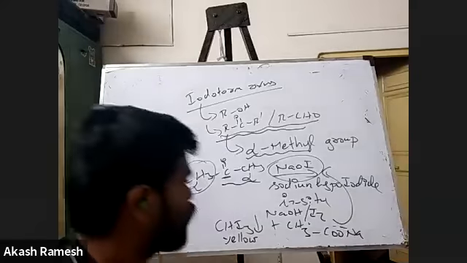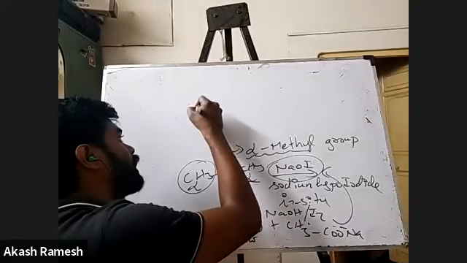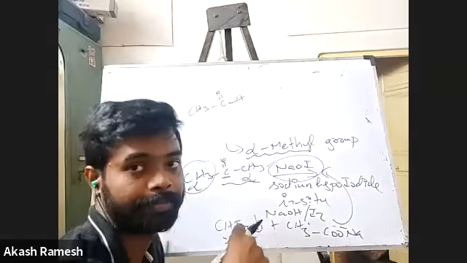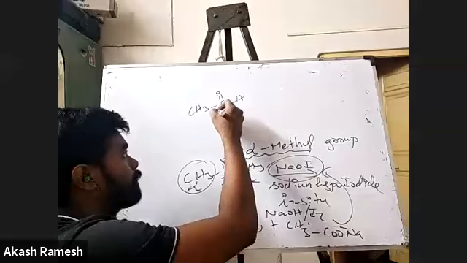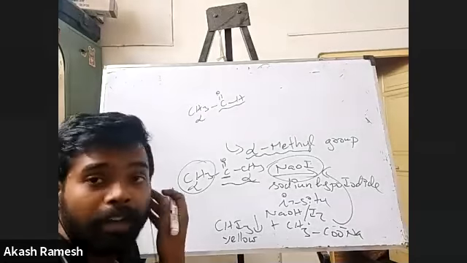Now, if I have to give you one more example, say I had CH3CHO. Again, this is the main carbon atom, and in the alpha position I have an alpha methyl group.